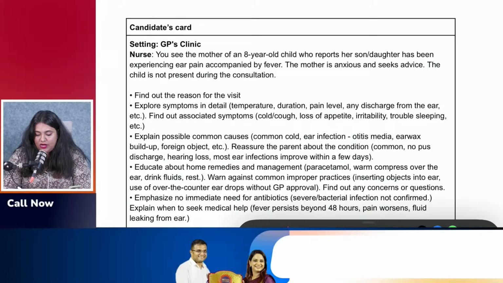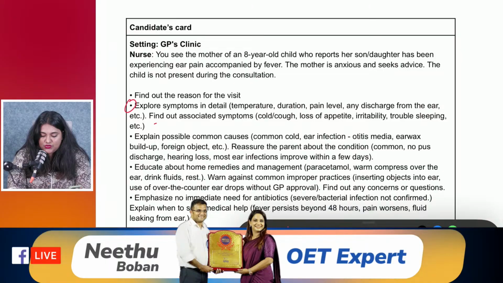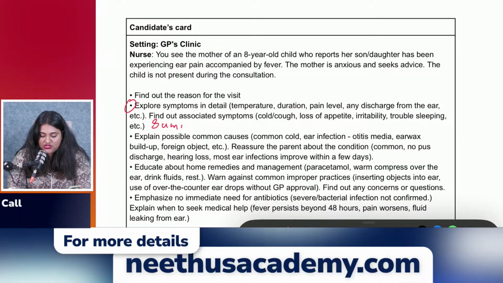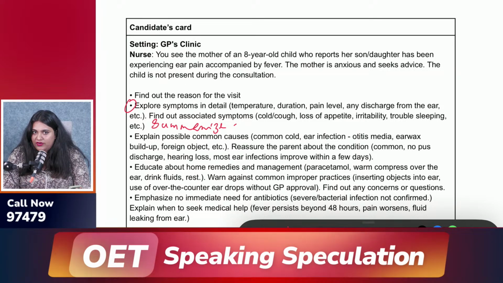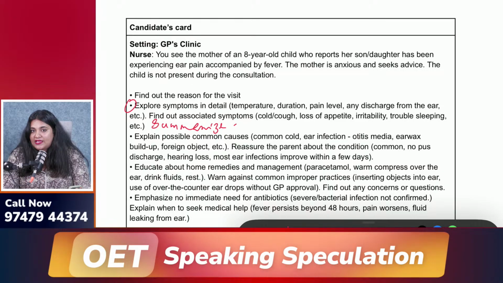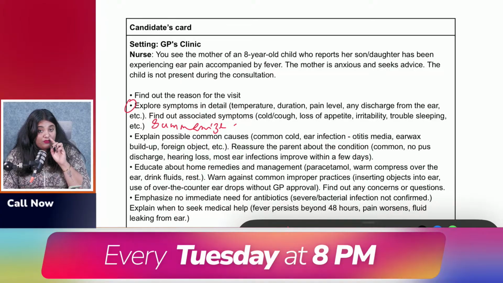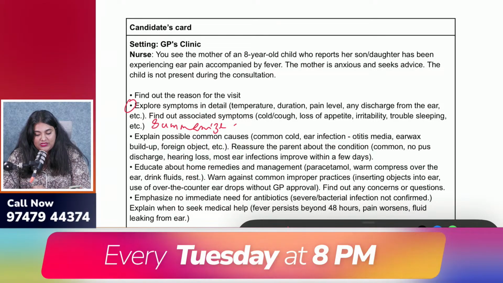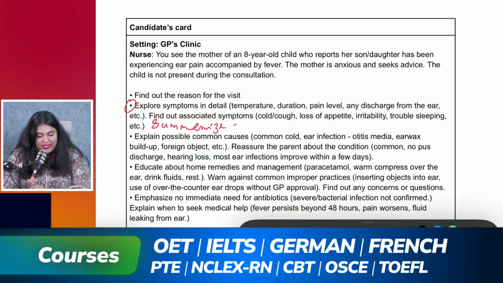Explain possible common causes. Once you have completed task number 2, what you need is to summarize the collected information. So, for example, it can be something like, thank you very much for answering all the questions. From what you told me, I understand that your child has been experiencing fever for the past couple of days, along with ear pain, which is rated as severe, and you did not notice any discharge from the ear, but he has a cold and cough.